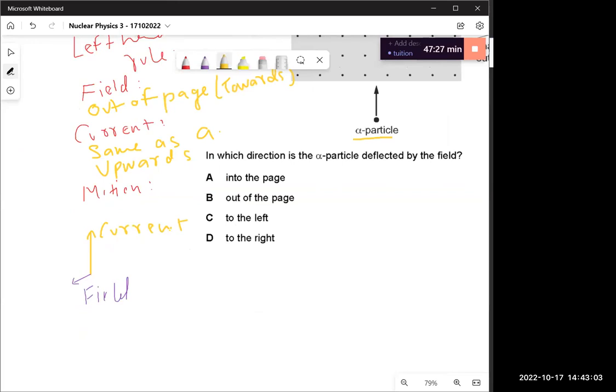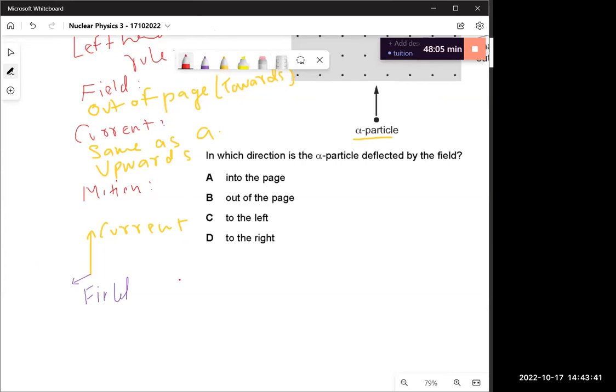The current is upwards, and the field is out of the page. No, it's to the right, no, to the left. Let's try one more time. The field is out of the page, so towards me, and the current is upwards. If we rotate it, then yes, it's to the left.